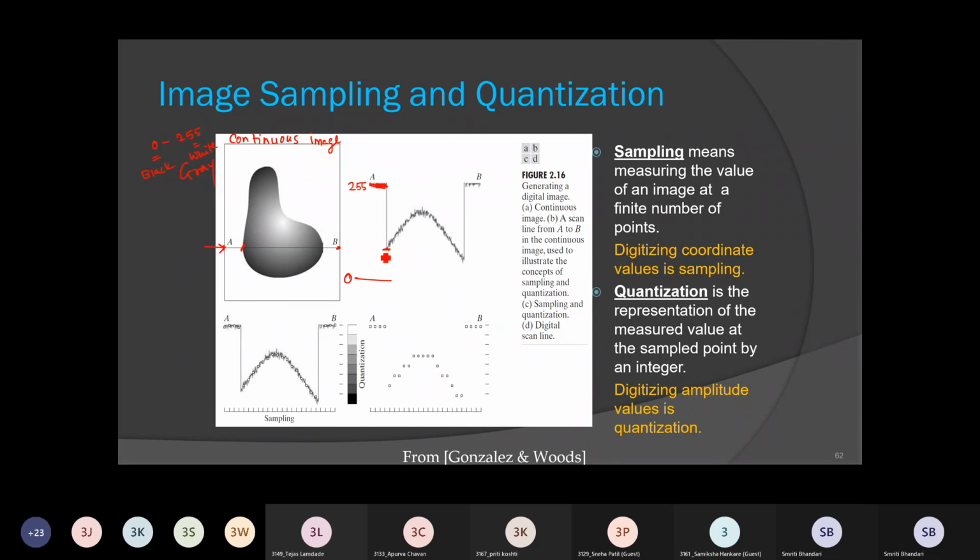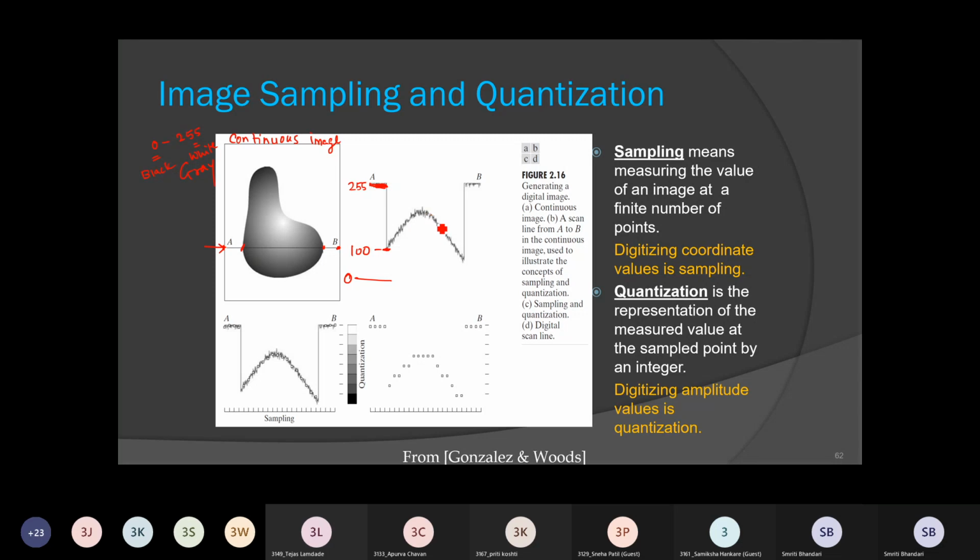So it suddenly drops and I have some intensity value, maybe 100 or something like that. As I move on from point A, I have various gray intensity values, and accordingly we have plotted this curve.